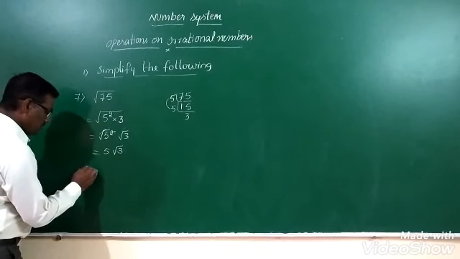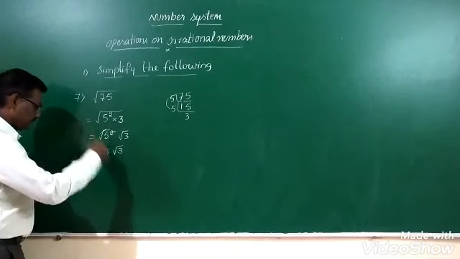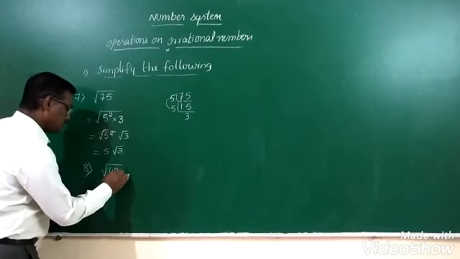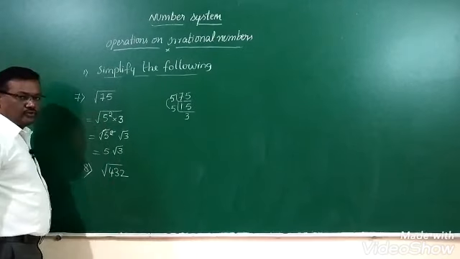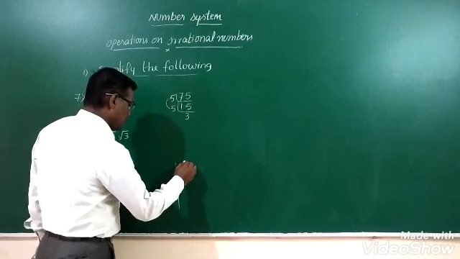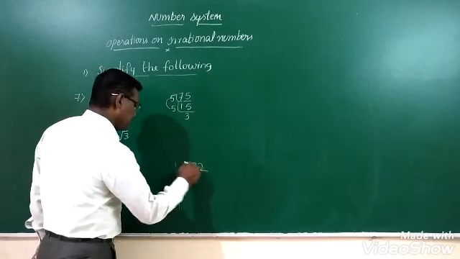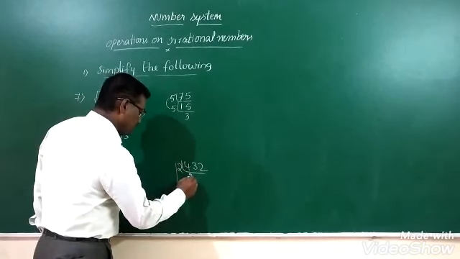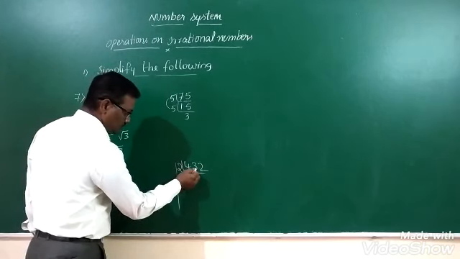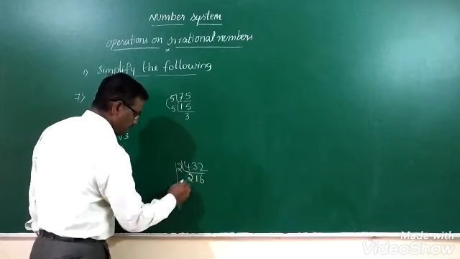So, 8: root 432. Yes, we simplify 432. 2 2s are 4, 2 1 is 2; 2 2s are 4, 2 1 is 2, remaining 12, 2 6s are 12.